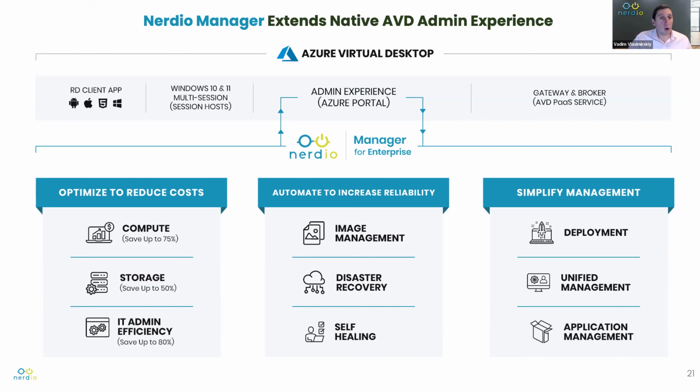And Nerdio takes all the complexity out of it, making it an automatic point and click process with lots of pipeline type automation that's possible. So you can automate things like patching, testing, deployment, all of the things that have to do with image management are handled within the Nerdio Manager platform.